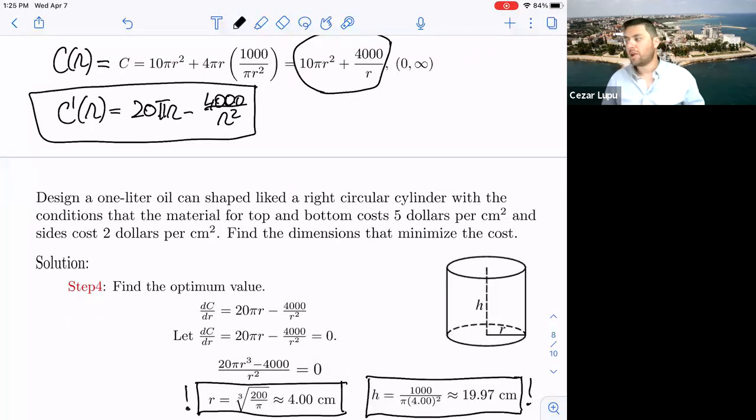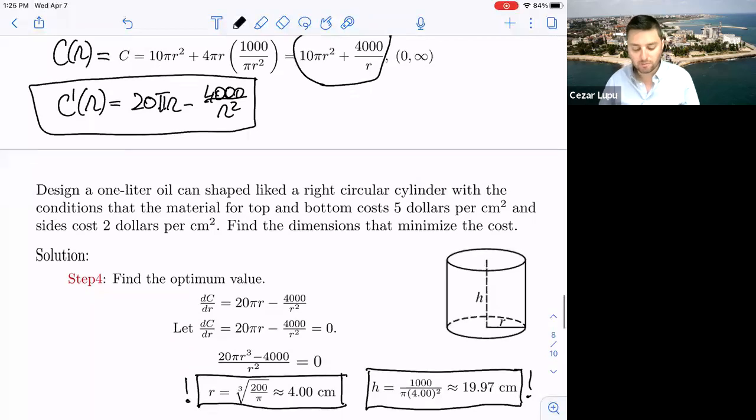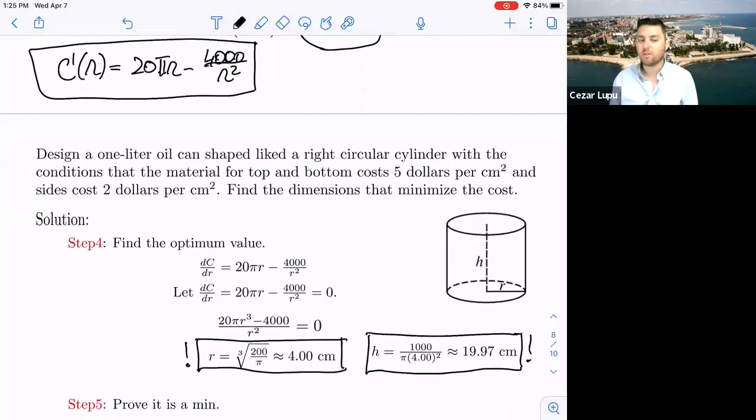Now we would like to prove that this is a min. How are we going to do this? Now you tell me. How are we going to prove it's a min?